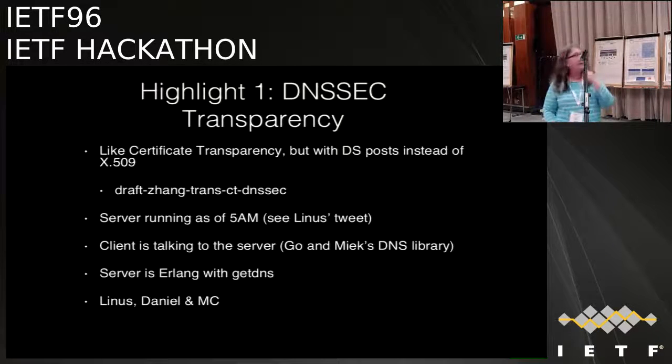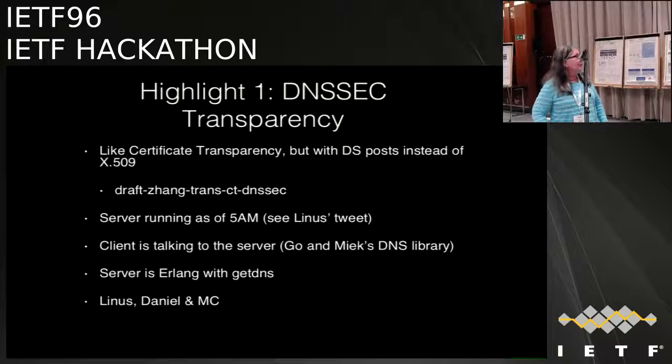One highlight was the DNSSEC transparency project, which was NORDUnet and NetNod folks. It's like certificate transparency, if you know that, but it takes care of posting the DS so that you can see what's happening in the worldwide DNSSEC deployment. That's the draft.